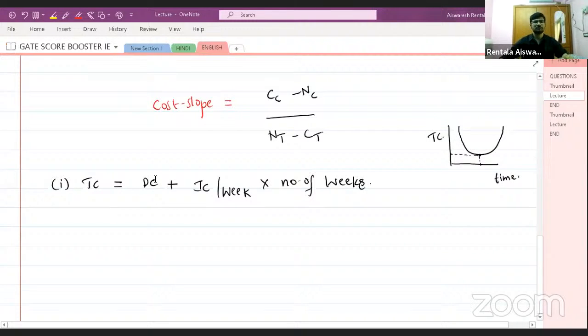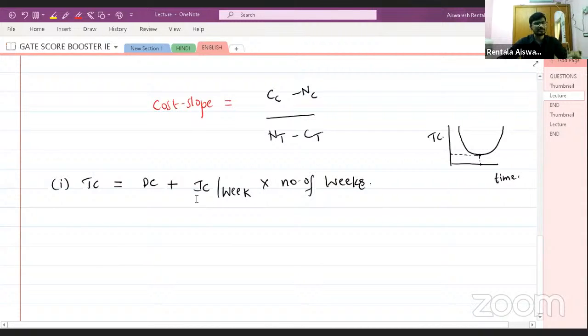If you perform crashing, then your direct cost will start increasing and your indirect cost, I am talking about total indirect cost, in the sense indirect cost per week into number of weeks, will decrease. Whenever you are crashing any project, your direct cost will increase and your indirect cost will decrease. But you have to balance these two things, right? That is why we cannot say after crashing whether your total cost increases, decreases, or remains constant.